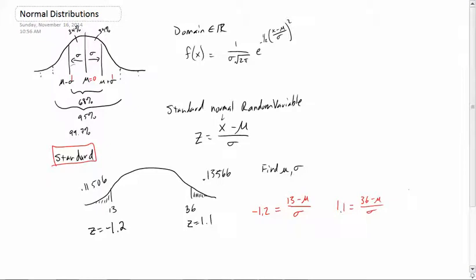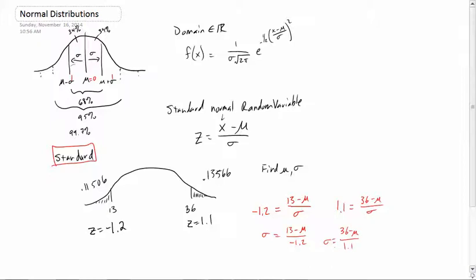And then at this point, you really just need to be able to solve. One way to do it would be to multiply by sigma divided by 1.2, so then I'd have 13 minus mu over negative 1.2, and then I'd have 36 minus mu over 1.1.